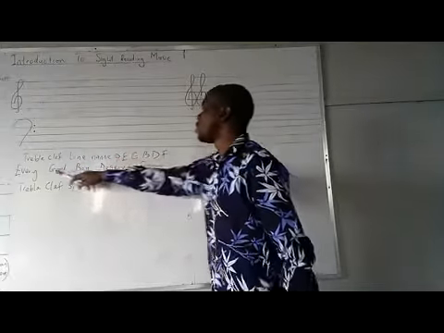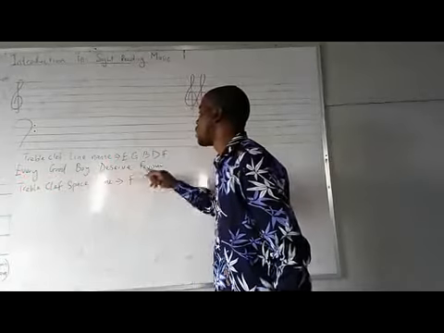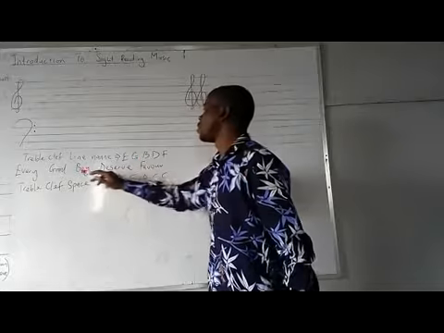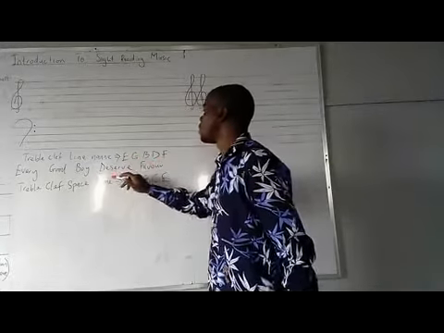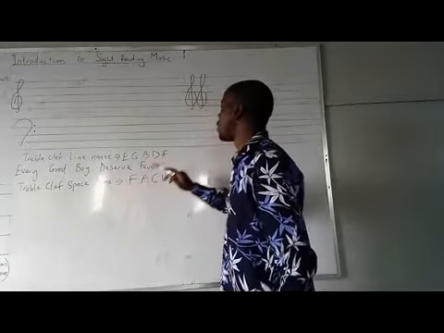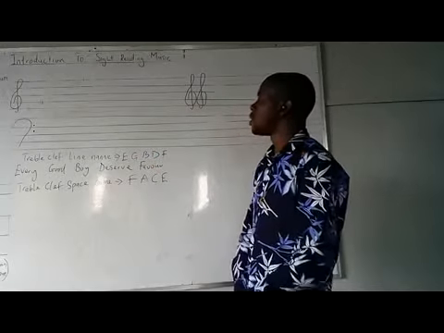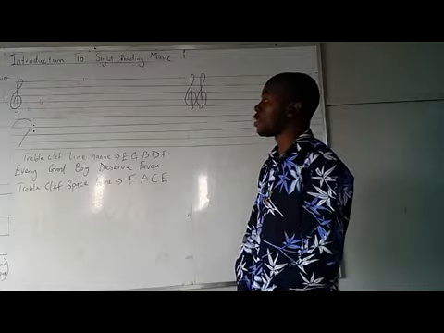So master this. This E here means every good boy deserves favor. Every represents E. Good represents G. Boy represents B. Deserves represents D. Favor represents F. So if they ask you, what is the name of the second line of the treble clef?